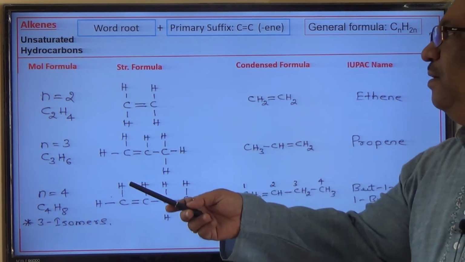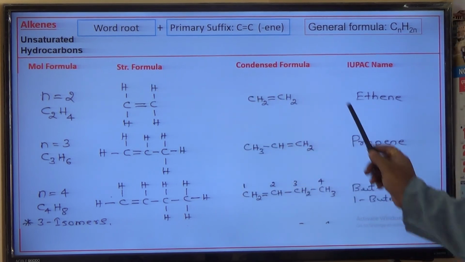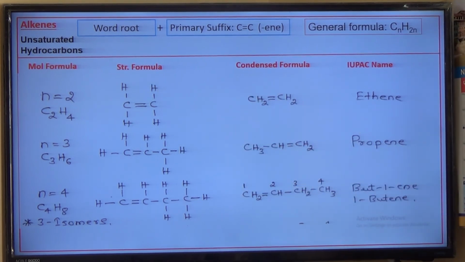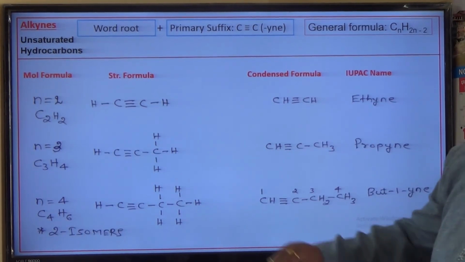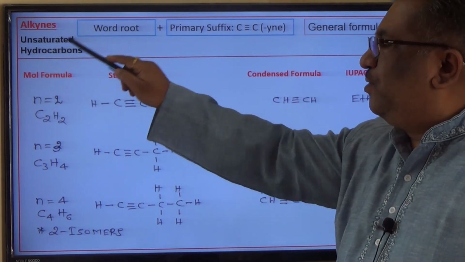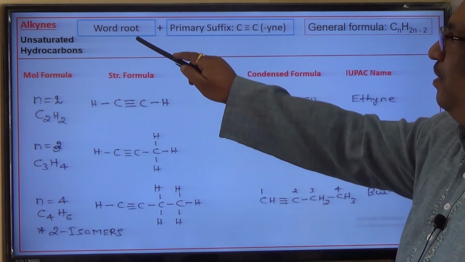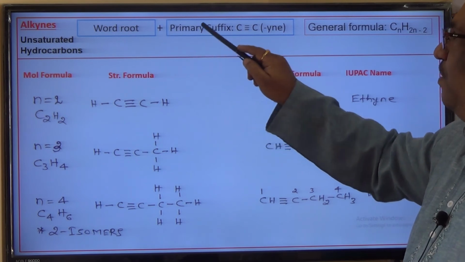Here I think all these things I have explained. Please make a note of all this. Now we look at alkynes. These are unsaturated hydrocarbons. IUPAC nomenclature involves word root plus primary suffix.